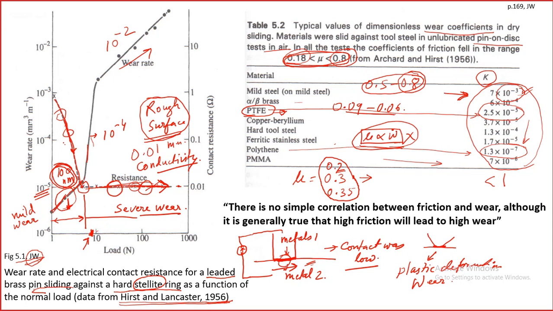But wear rate is very high, as you can see. So there are exceptions to this rule as well, that high friction leads to high wear, or low friction leads to low wear. This is a general rule we can accept, but there are some exceptions.